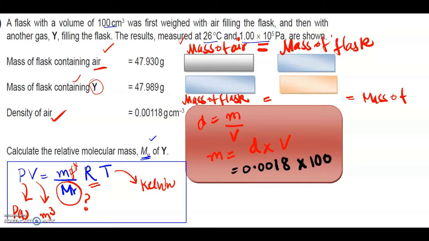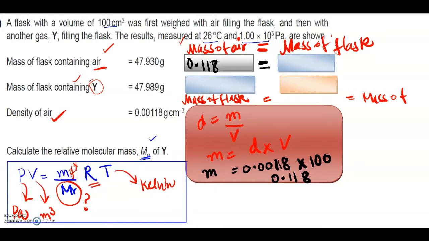You don't need to convert the volume because the density is in gram per centimeter cube and the volume is in centimeter cube. So what is the mass of air? It is 0.118. Now by subtracting 0.118 from this, you will get the mass of flask.